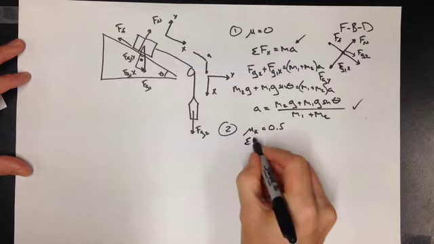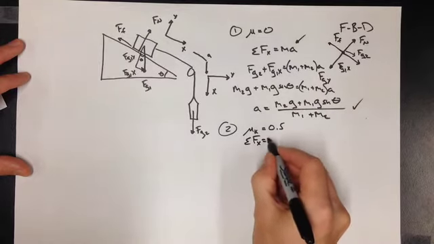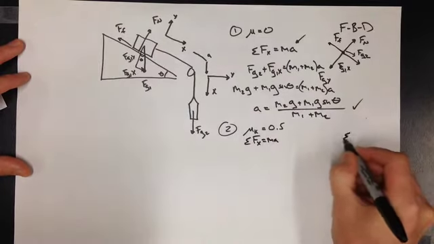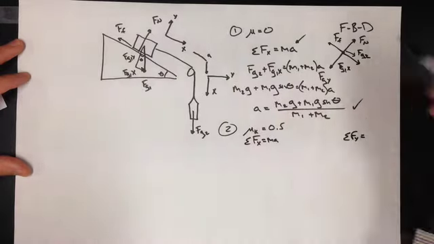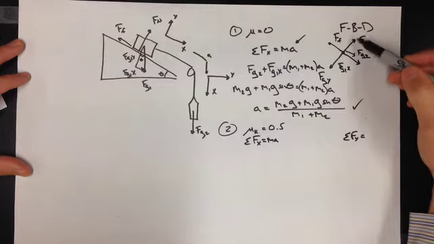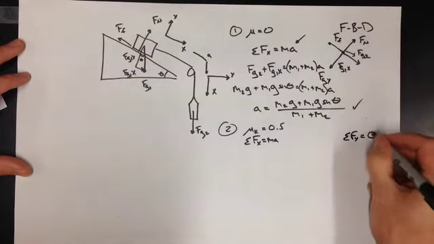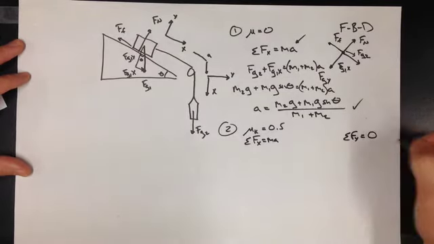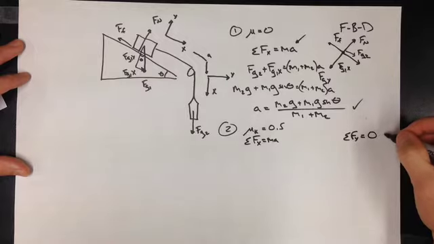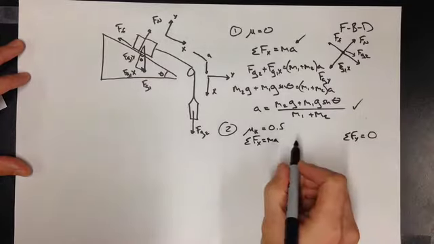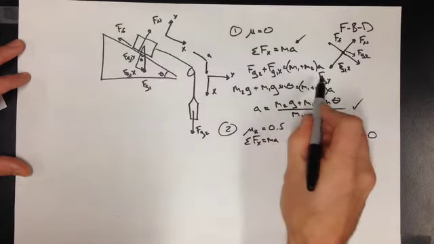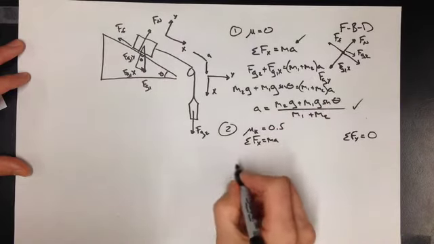I will do the same thing. I will sum the forces in the x direction equal to ma, and I better sum the forces in the y direction, but now that doesn't equal ma, so in the y direction these are going to sum to 0. Or they could be summing to ma and my acceleration is 0, therefore they sum to 0. So I can come up here and look at what I've done before, and carry that down through.